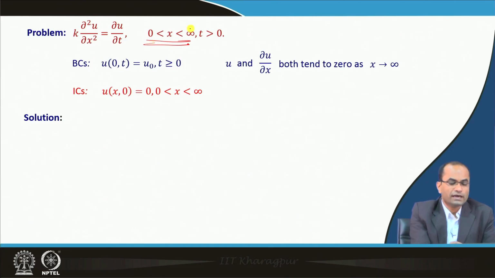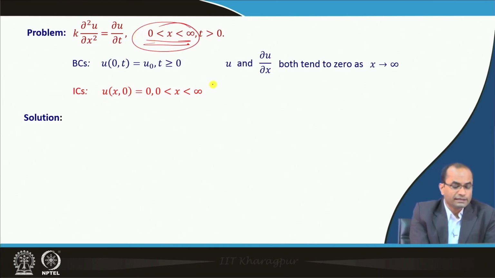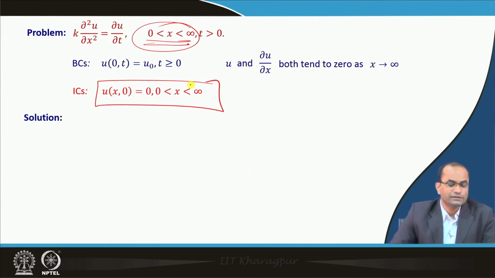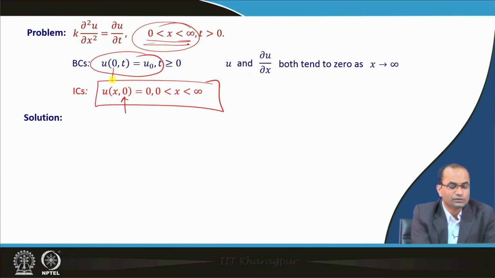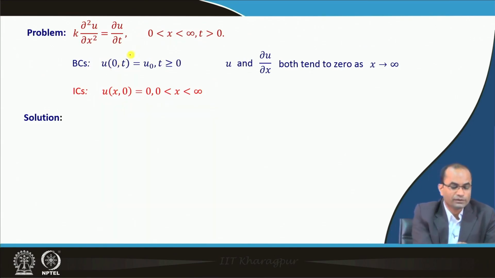So, in this case we have 0 to infinity, and the second consideration is that u is prescribed at t equal to 0 in the initial condition, but if you look at the boundary condition, the u is given at x equal to 0.